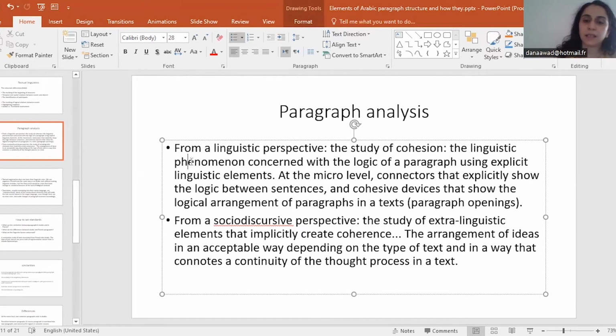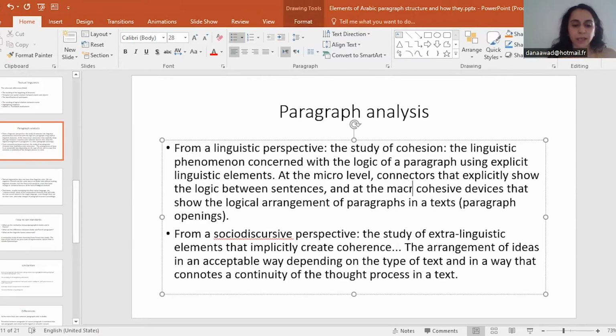And cohesive devices can be connectors. They can be repetition or certain expressions that have a transitional role in the paragraph.